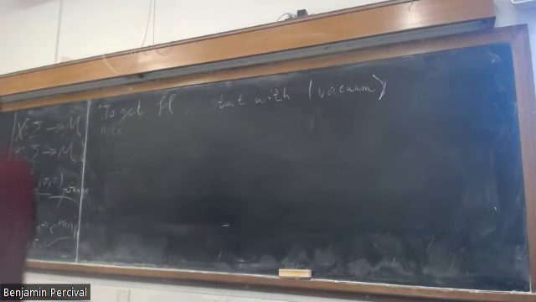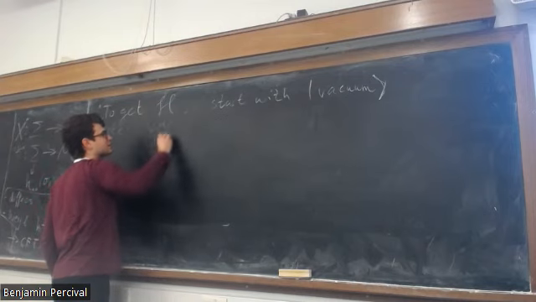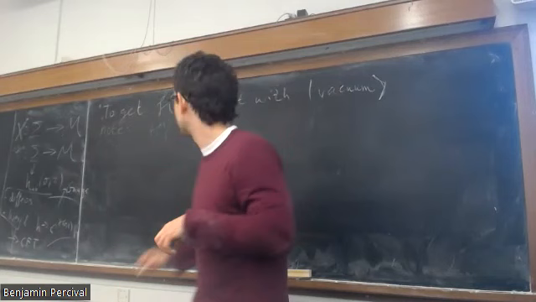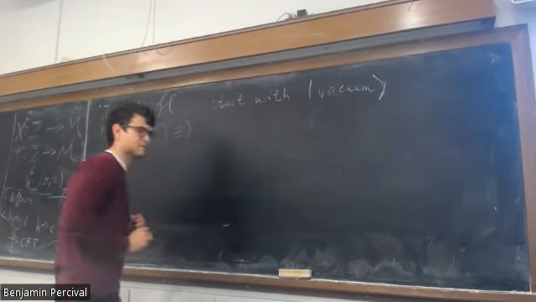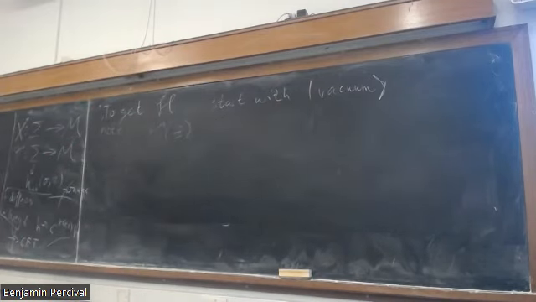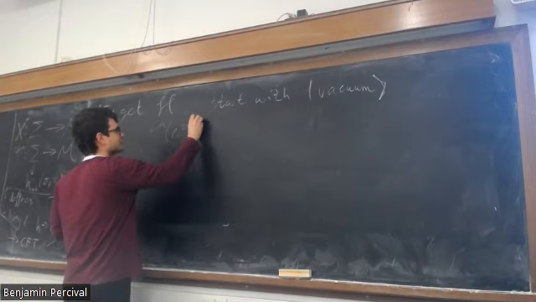This is associated to the following. If we had psi mu of z, we could act again with an exponential, so psi mu of z with 2 pi i.